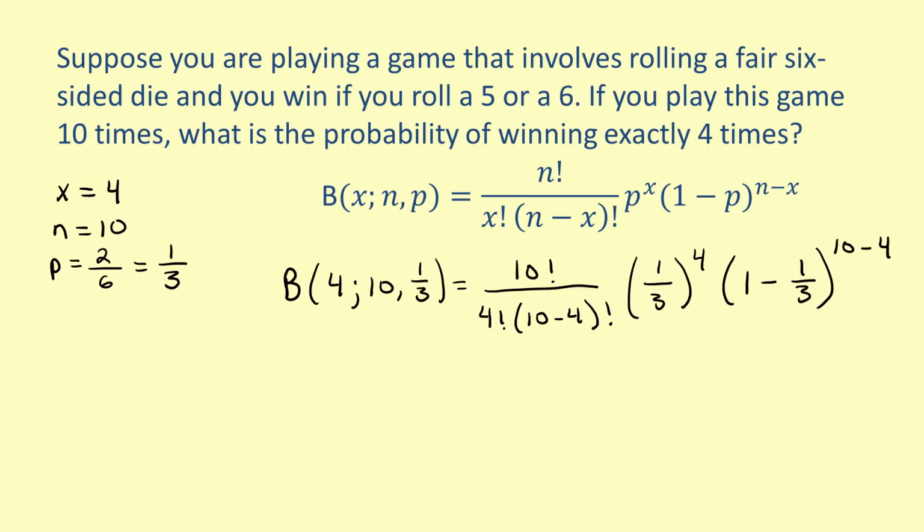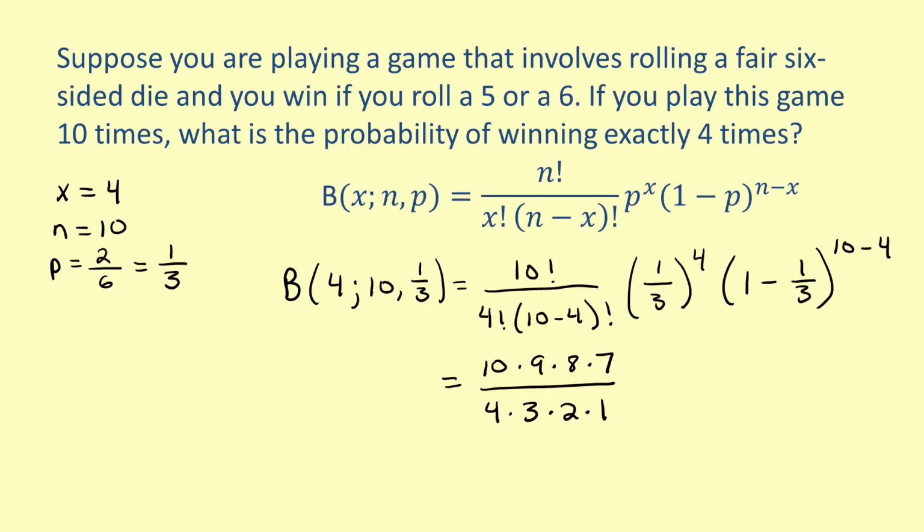In the first part of this expression, 10 factorial is 10 times 9 times 8 and so on down to 1. And 10 minus 4 factorial is 6 factorial, which is 6 times 5 times 4 and so on down to 1. 6 factorial will cancel everything in 10 factorial from 6 down to 1, leaving 10 times 9 times 8 times 7 in the numerator. In the denominator, we have 4 factorial, which is 4 times 3 times 2 times 1.